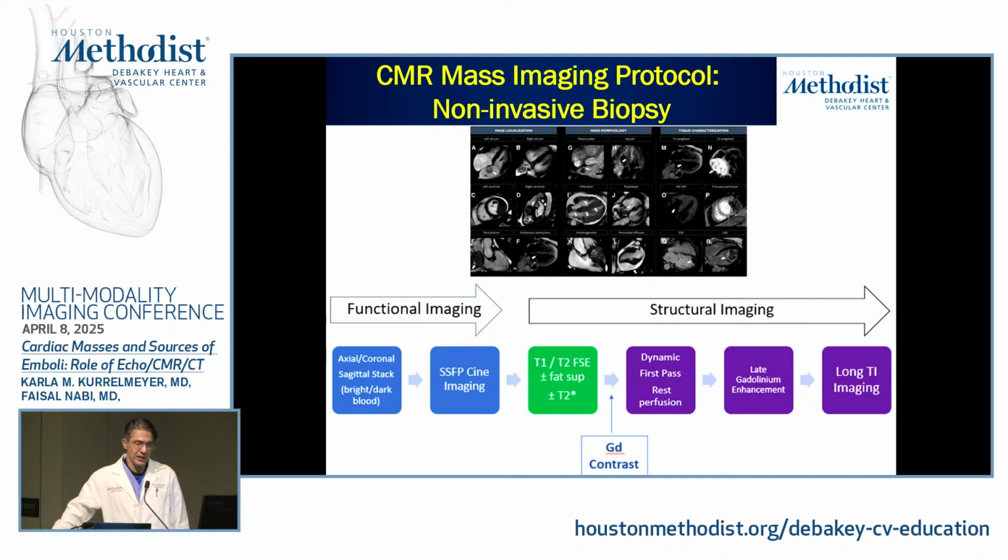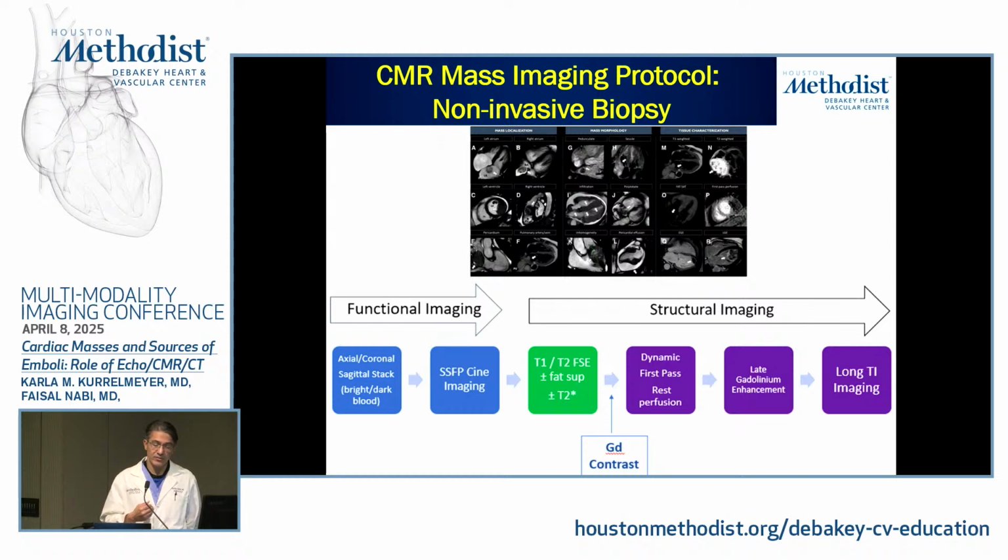We have a very structured protocol for how to perform this study. It's important to mention only because it's going to show you how we actually go about interpreting these studies. We have some basic bright and dark blood images of the chest. We'll do some specific SSFP cine imaging of the heart and the mass itself.